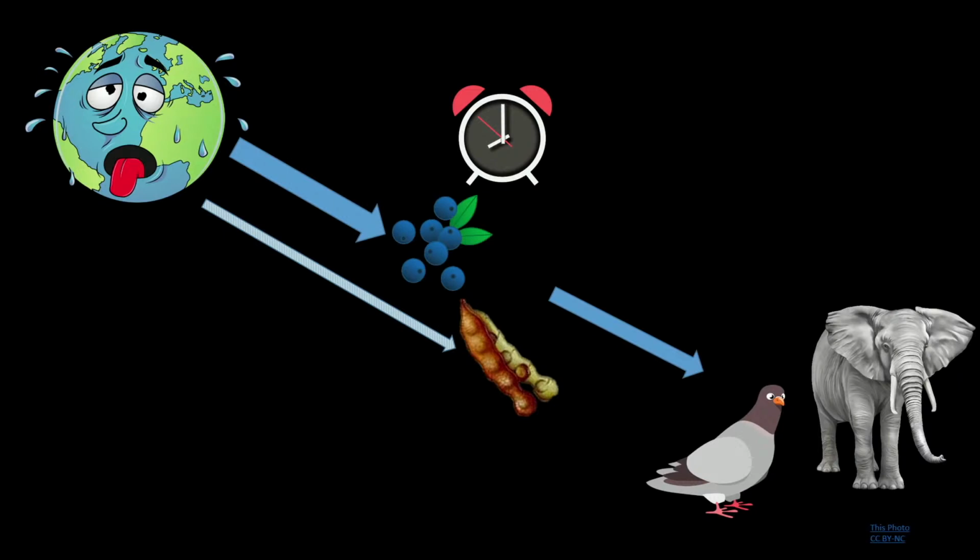So for example, the fact that temperature of the coldest month is very important in determining fruiting phenology of fleshy fruited species suggests that if we have warmer winters, the fleshy fruited species might end up fruiting later.